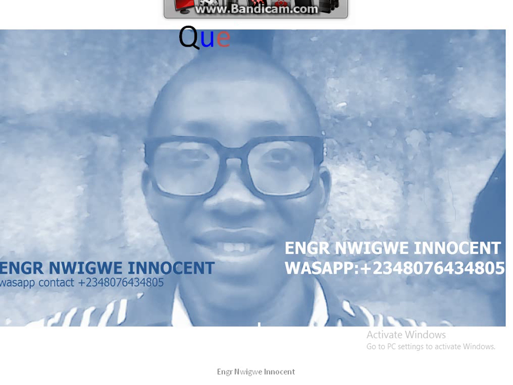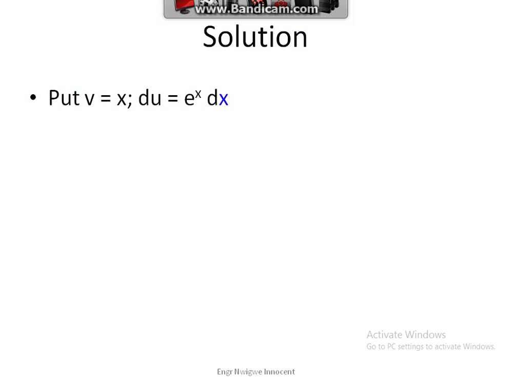Example 26. Evaluate the integral of s exponential s ds. Solution. Put v equals s and let our du be equal to exponential s ds.